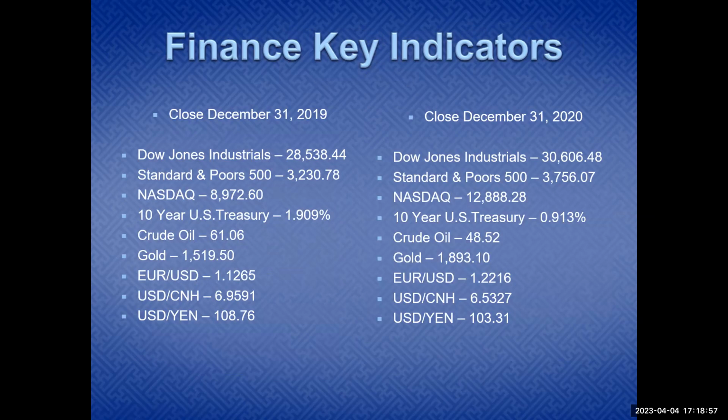But here are the nine most important financial indicators that I track if I'm running a company. The Dow Jones Industrial Index, which is the top 30 stocks in America as determined by the Wall Street Journal.